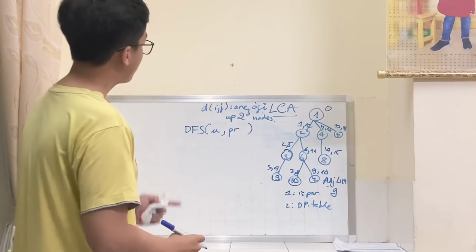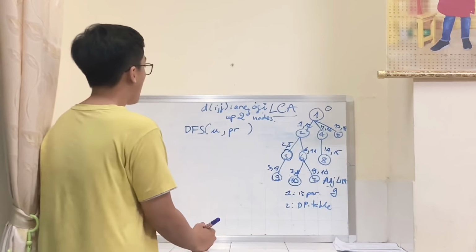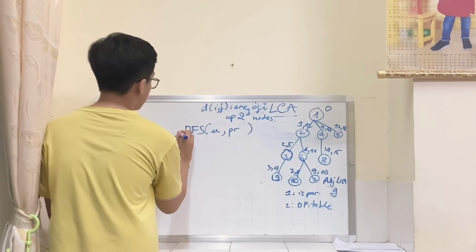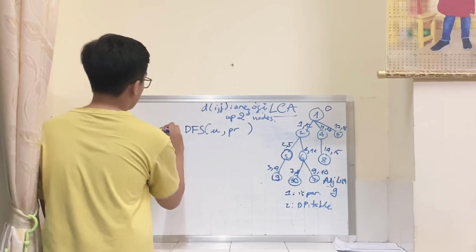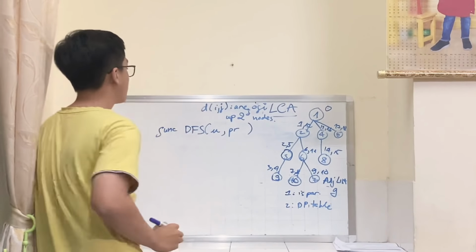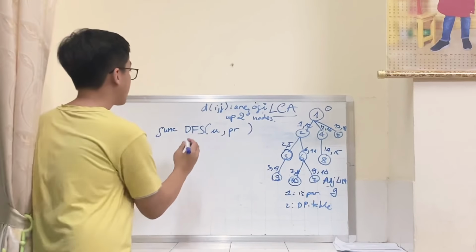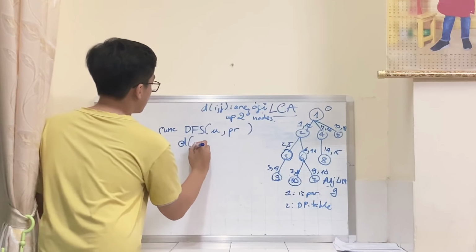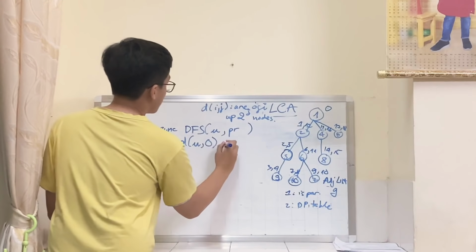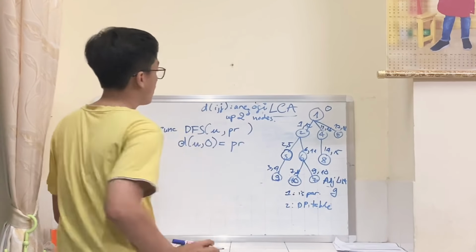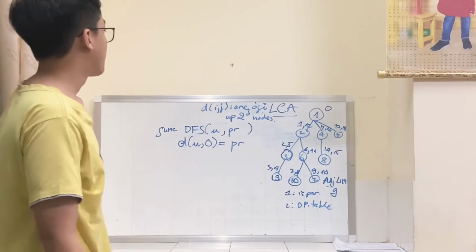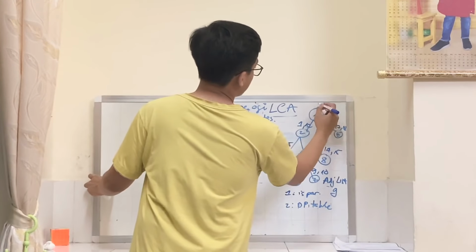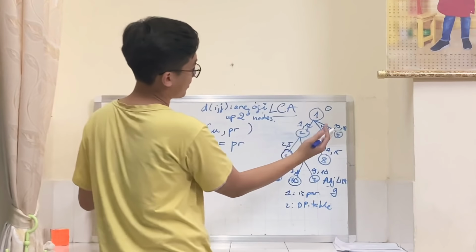First of all, you will have the DP table in the DFS function. D[U][0] is equal to PR, where PR is the parent of U. What is the parent of the root node?